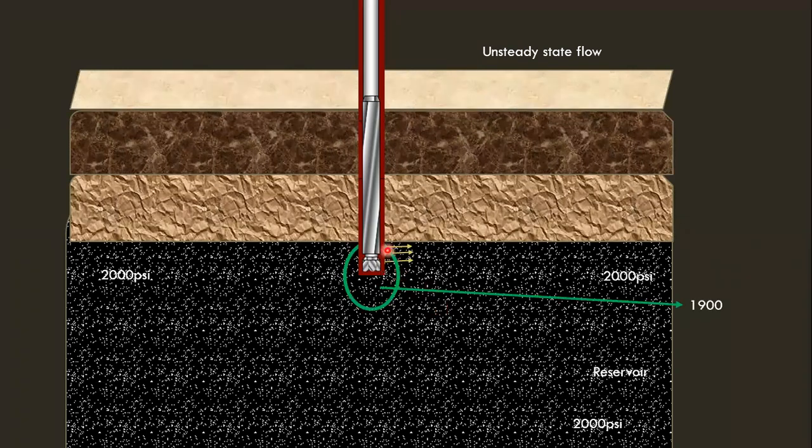This green circle represents a pressure wave around the well where it was perforated. Here the pressure was observed to reduce. It is not 2000 psi, it has reduced to 1900 psi. So right now, the pressure outside of the green is 2000 and inside it is 1900. So there is a pressure difference of 100 psi.